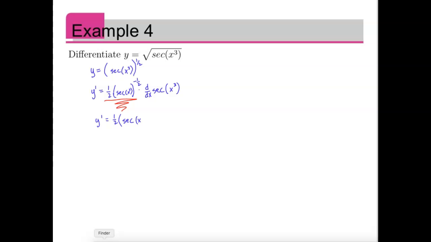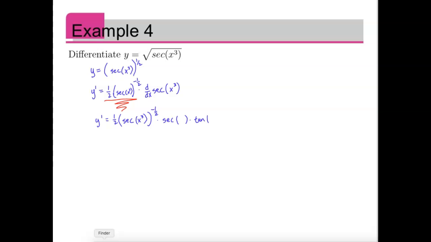Good. Secant tangent. Now, remember that chain rule dictates that we have to do derivative of the outside function, which in this case is secant tangent.